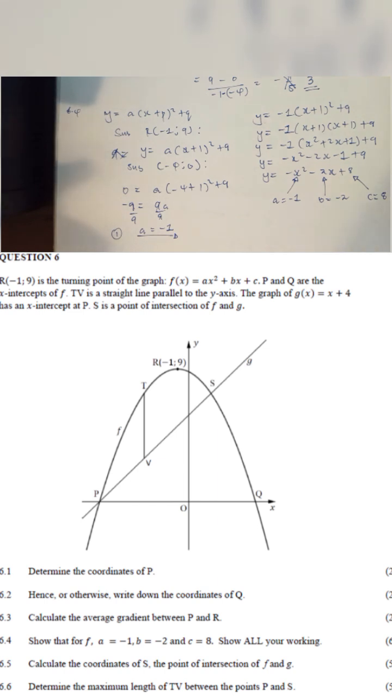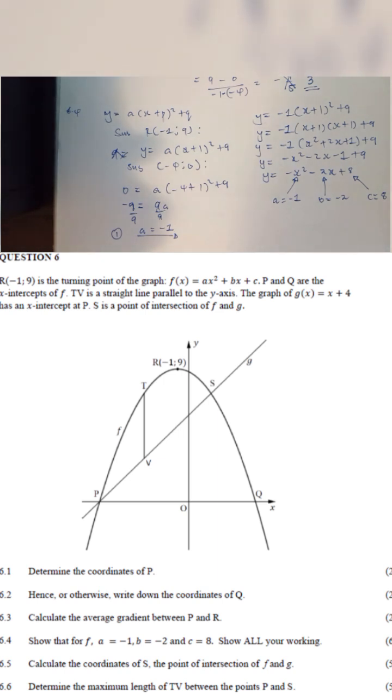Now remember what I showed in the previous video, how to find the equations of the parabola. Well, this is going to apply here because in our statement we do not have the equation of the parabola. So in order for us to show that a is equal to negative 1, b is equal to negative 2, and c is equal to 8, we have to find the equation, because that's the only way we're going to find out.